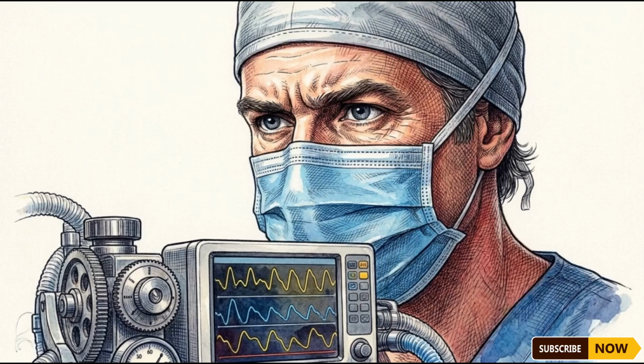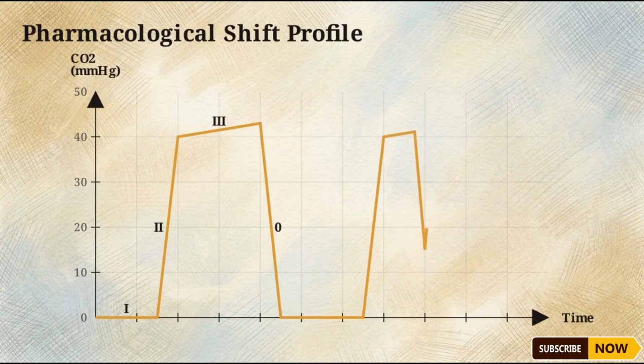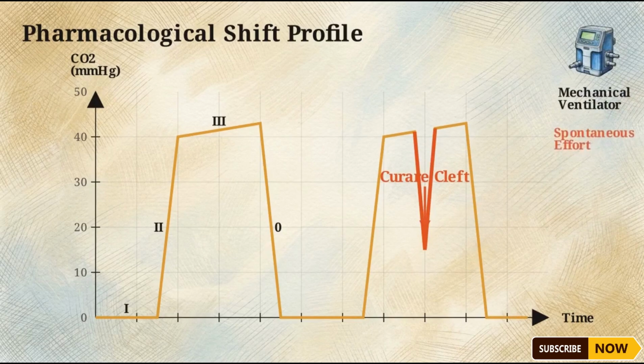This same diagnostic logic applies in the operating room, where anesthesiologists use the wave to track the exact metabolic state of a paralyzed patient. Next is the pharmacological shift profile. Notice the sudden Curare cleft dipping right in the middle of the Phase III plateau. This cleft indicates the patient's diaphragm is making an independent, spontaneous effort to pull in air against the ventilator.